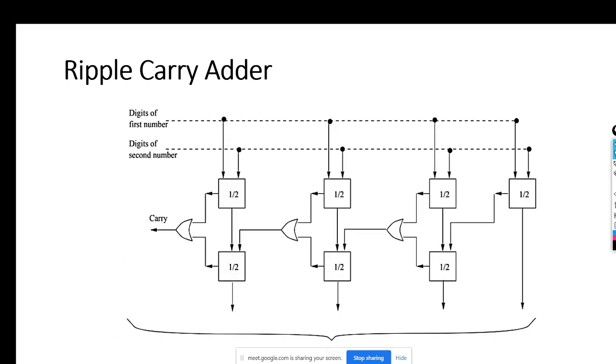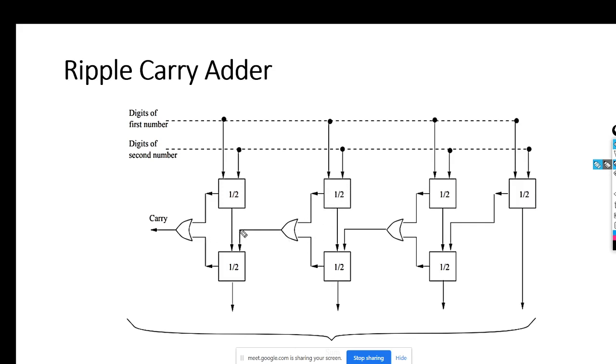Now again, you must be able to look at it and visualize it in different ways. We know that we can draw a full adder using two half adders. Therefore, this is again the ripple carry adder drawn using a different notation, the notation of half adders. Now you can see every full adder has two half adders, and we have an OR gate to combine the possible overflows.